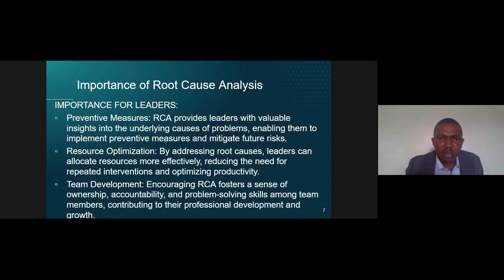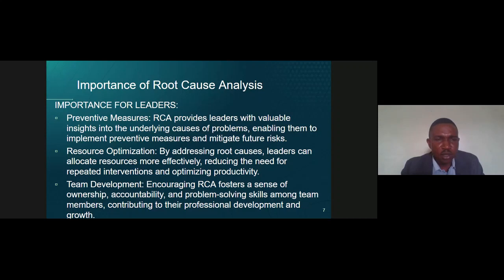Having identified a problem that has occurred, they will now put a preventive measure in place, looking at the future risks that are associated with this failure. So they will try to eliminate it out of the system so that these things will not frequently occur in the organization. And once this is done, it saves cost to the organization.